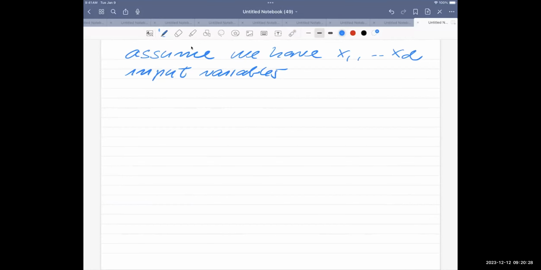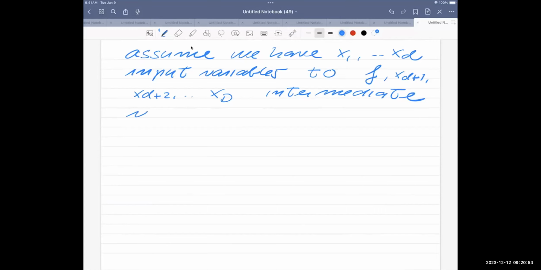And these are input variables to f, which now contains x of d plus 1, x of d plus 2, etc., up to x of D, so-called intermediate variables. And if we now look at the example which we have, x of D is the output.